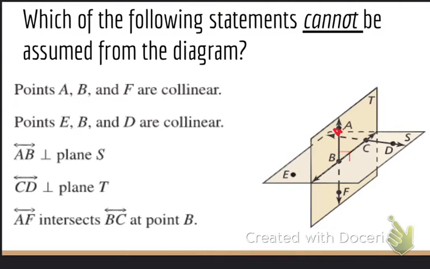A, B, and F are all on this line. We can see that from the diagram. What about E, B, and D? No. There's not a line clearly drawn through them to assume that. They could be. We just can't assume it from the diagram.